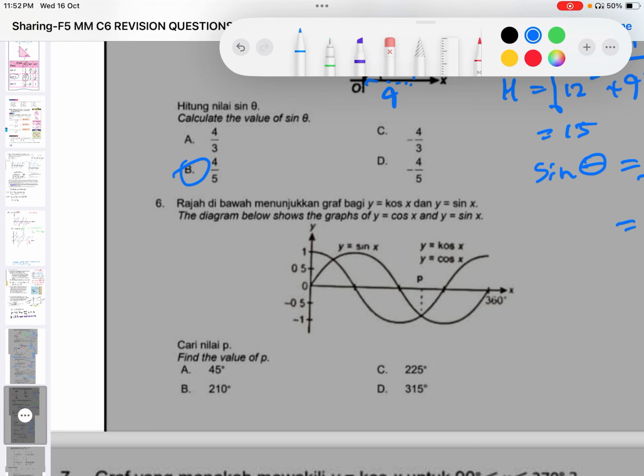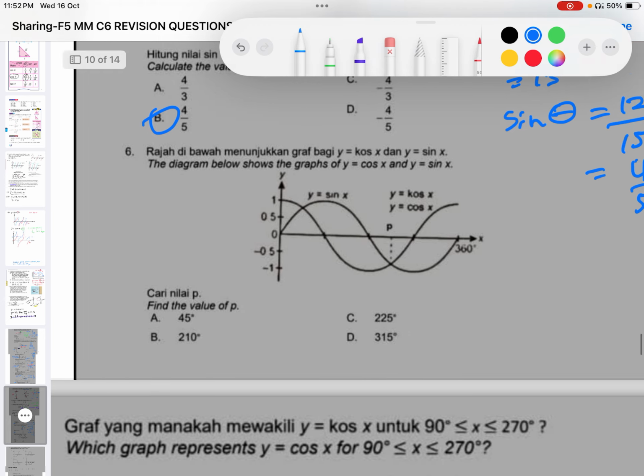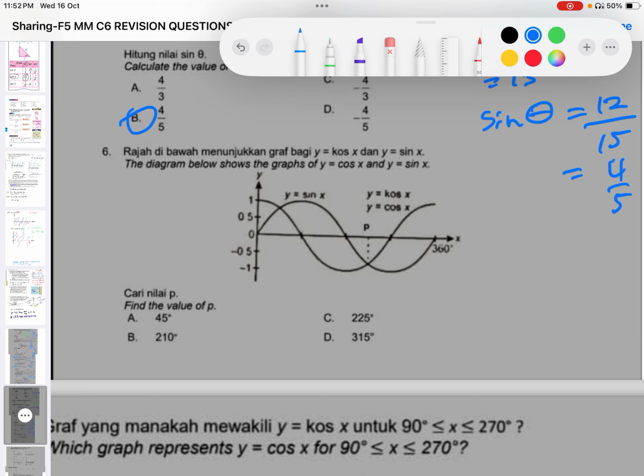Seterusnya, soalan nombor 6. The diagram below shows the graph of y equals to cos x and y equals to sin x. Find the value of P. Okay, so this is nampak susah tapi sebenarnya senang je. So, sini 360 kan.